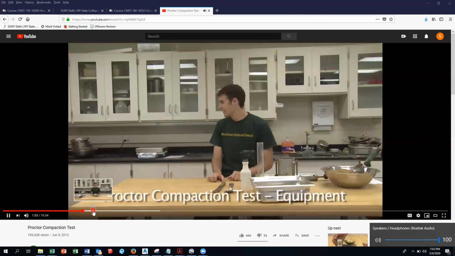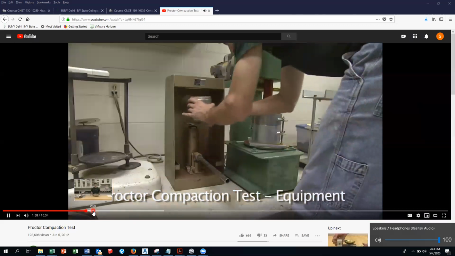We'll also be needing a digital balance, an oven for moisture content determination, and a sample extractor.